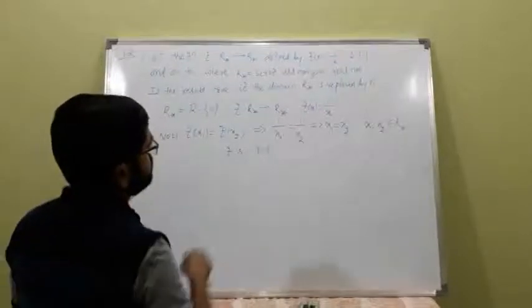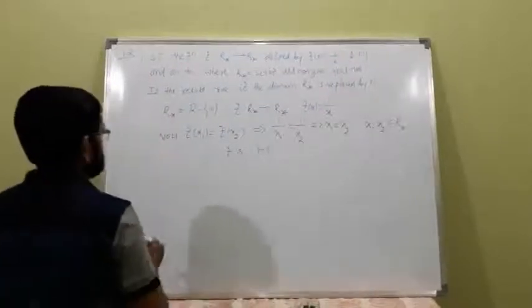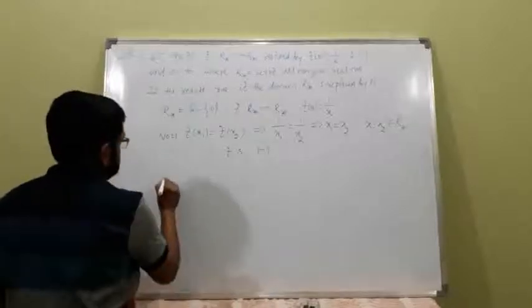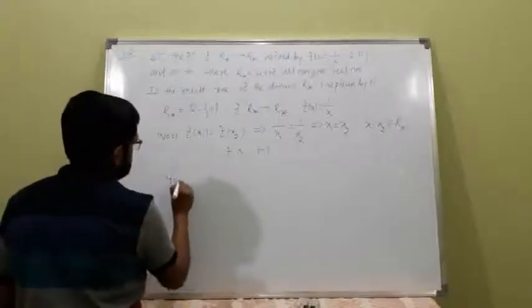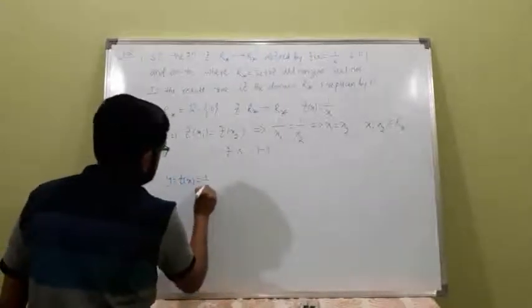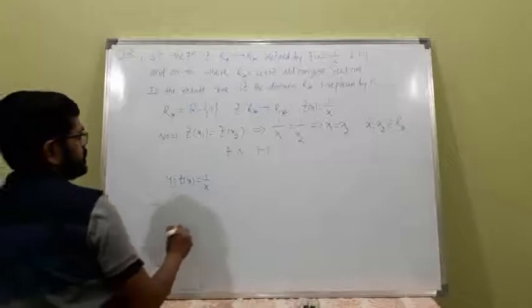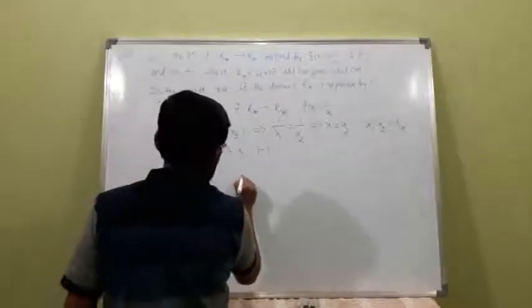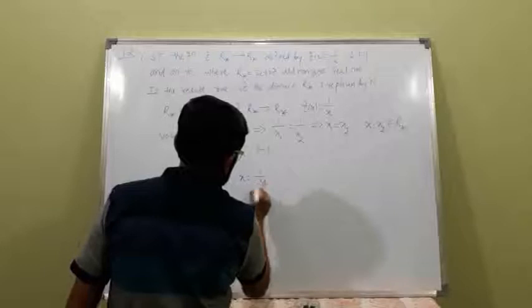Now to check whether it is onto or not, y is equal to f(x) is equal to 1 by x. Therefore, x is equal to 1 by y.